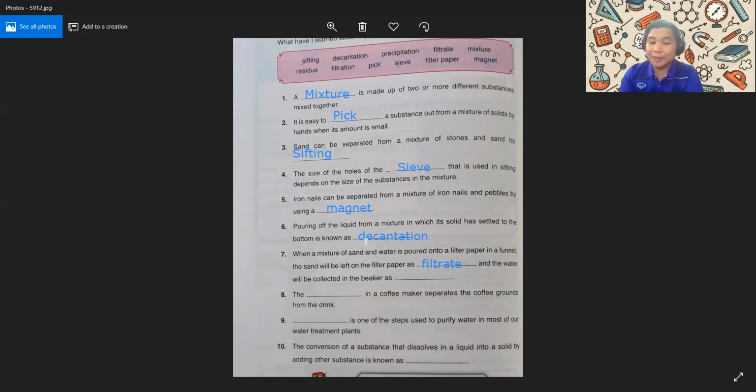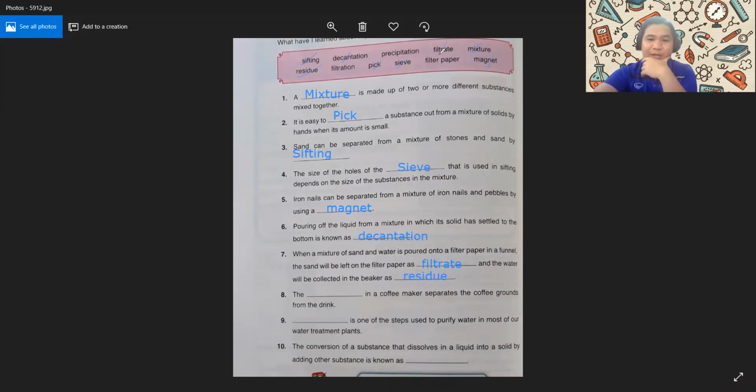And the water that will be collected in the beaker, or the thing that will pass, what is it called? It's a residue. So you have two answers here for number 7: filtrate and residue. So you erase residue and you erase filtrate.